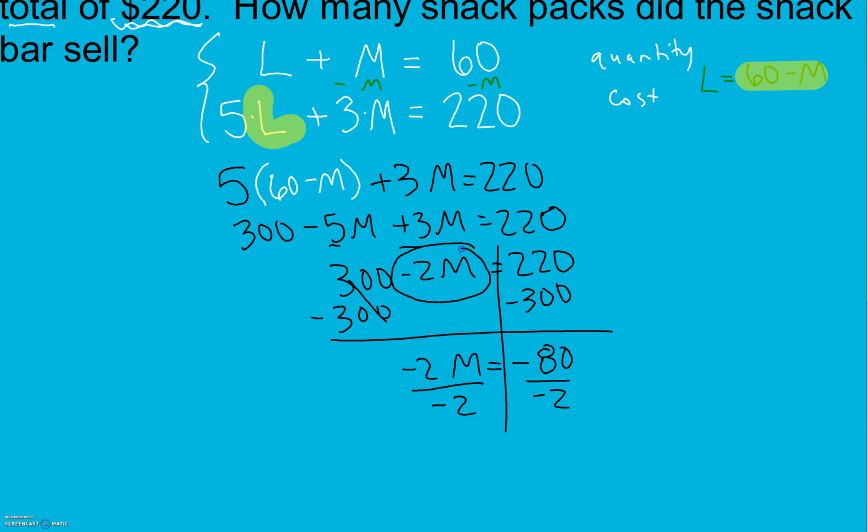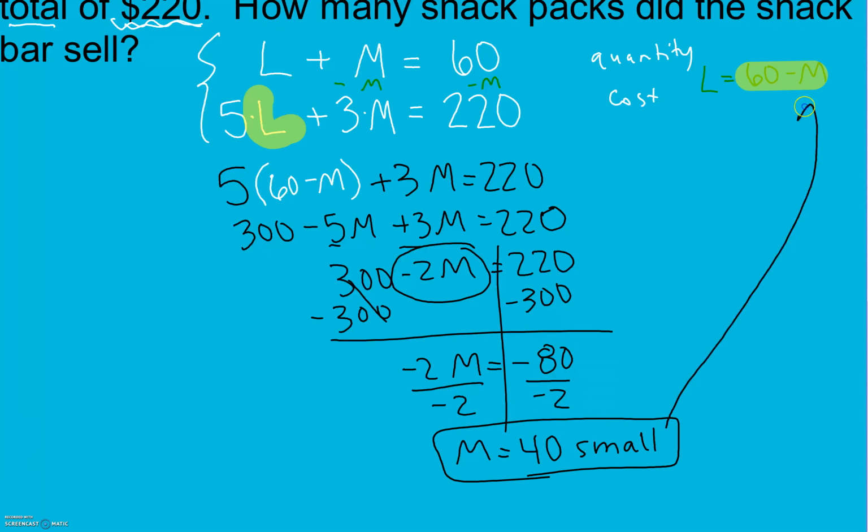Remember that the sign goes with your number right there. So we have 40 small snack packs. To figure out how many large there are, okay, we plug it in. We know that smalls are 40, so the large was 20 large.